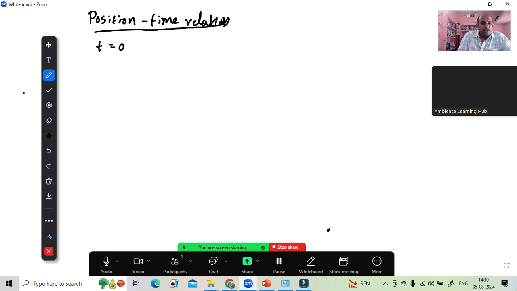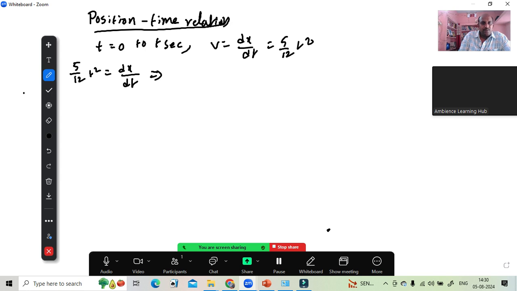From t is equal to 0 to t seconds, we have v is equal to dx by dt, which is equal to 5 by 12 t square. So that means 5 by 12 t square is equal to dx by dt, which implies 5 by 12 into the integral of t square into dt.